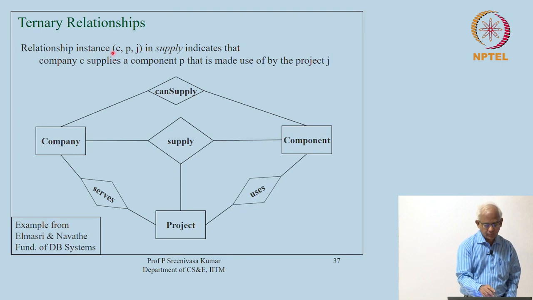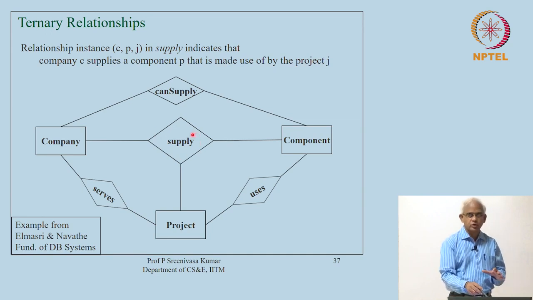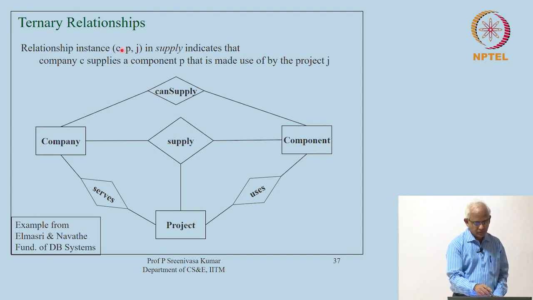Now, if a tuple like this CPJ exists in the supply ternary relationship, then it should be obvious that CP would exist in can supply, since C supplies component P. JP would exist in project uses component, where J is the project and P is the component.